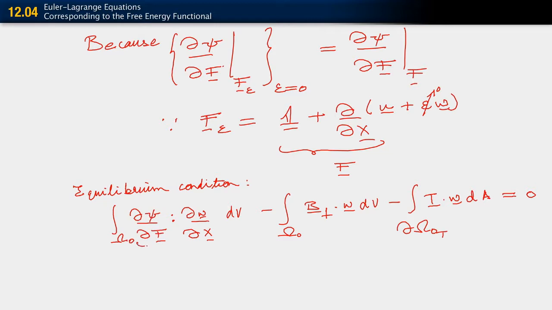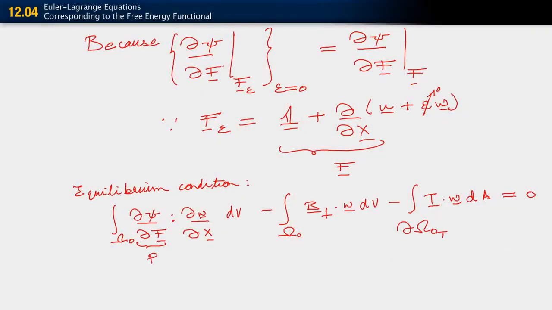Finally, note, what is this one? What is the partial of psi with respect to f? Psi is our strain energy function. Right? It's an object we've used very often and used widely, actually. This is our first Piola-Kirchhoff stress tensor P. Okay? So, this is our equilibrium condition.